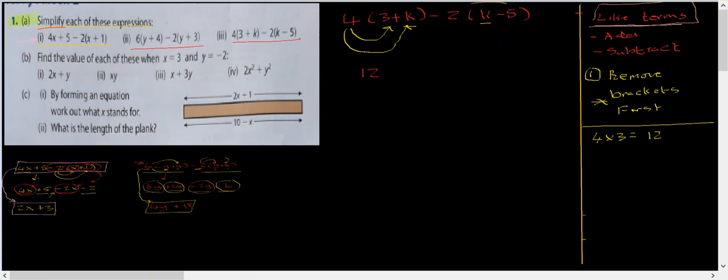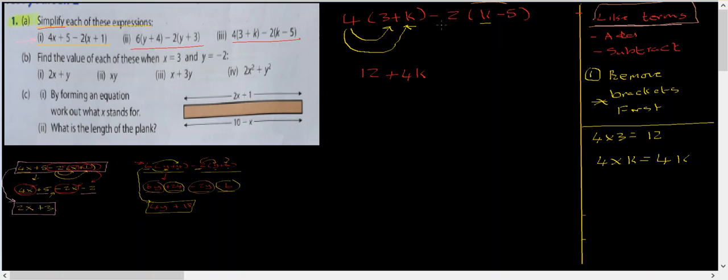And then we have 4 multiplied by k. That's equal to 4k. So we can just bring that down. So plus 4k.